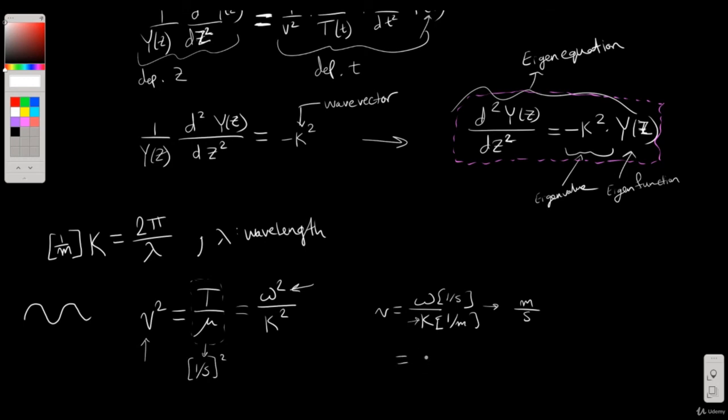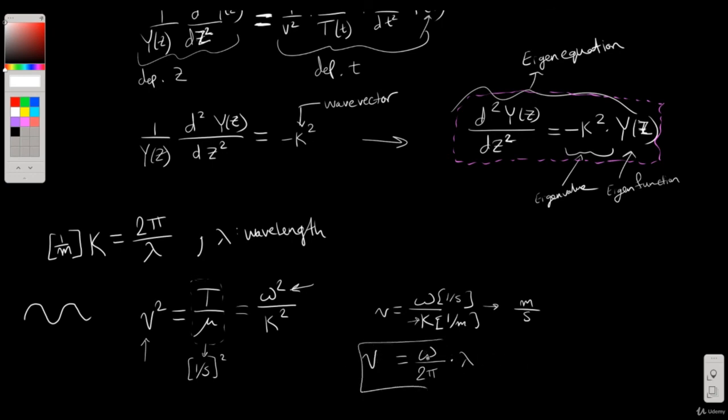This can obviously also be rewritten as omega over 2 pi times the wavelength. This also gives you the velocity.